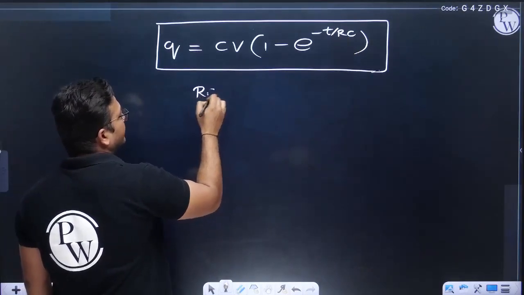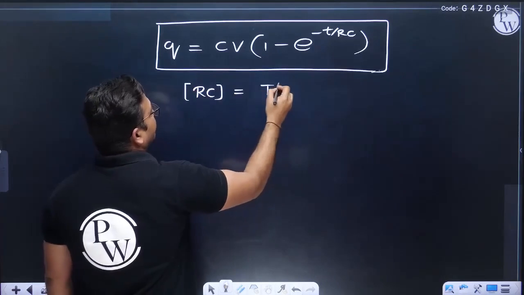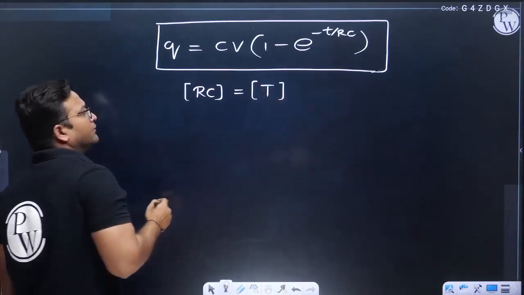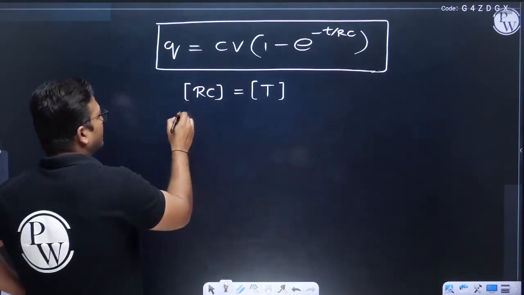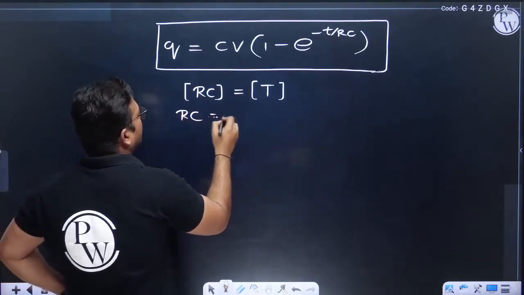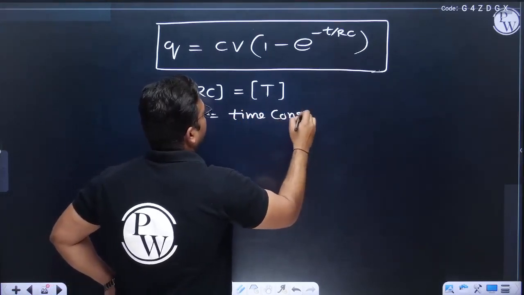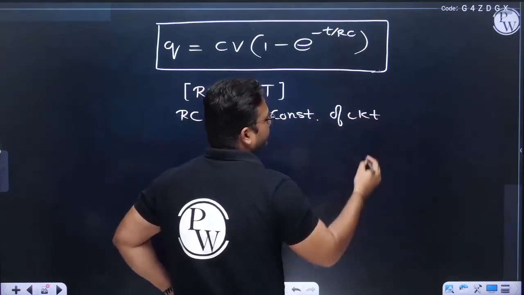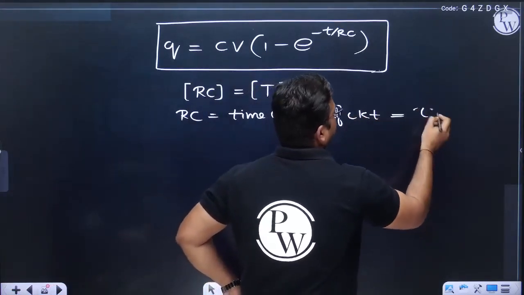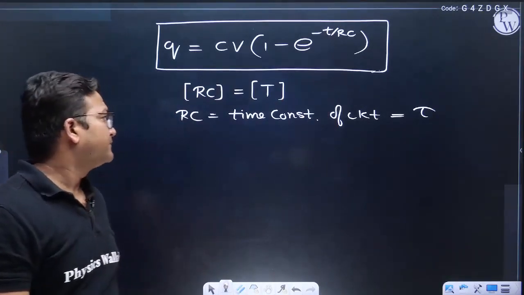So the dimension of RC must be the dimension of time. As RC has a dimension of time, RC is called the time constant of this RC circuit, and it is represented by the letter tau.